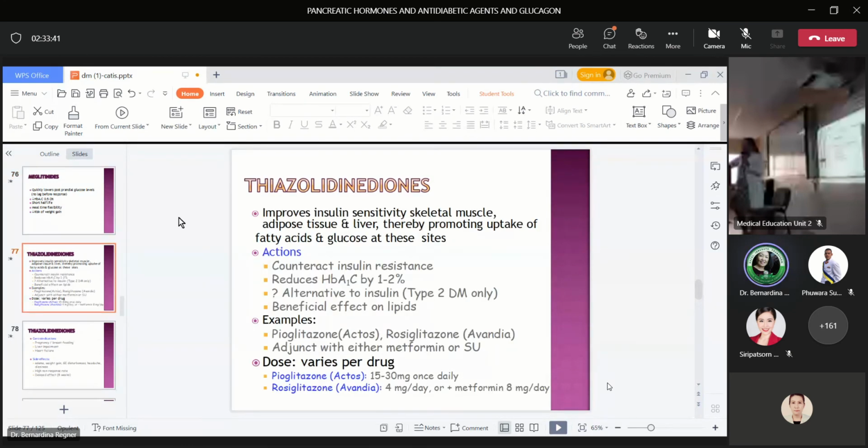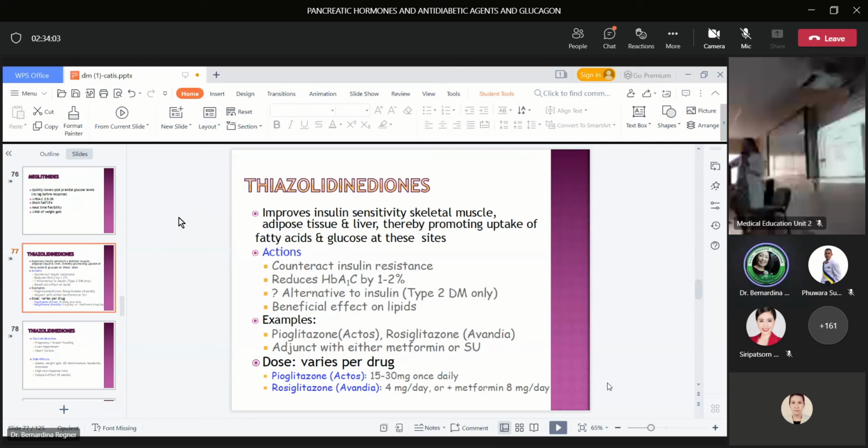Next are your thiazolidinediones. Classify this. Is it an insulin sensitizer or is it a secretagogue? Okay.